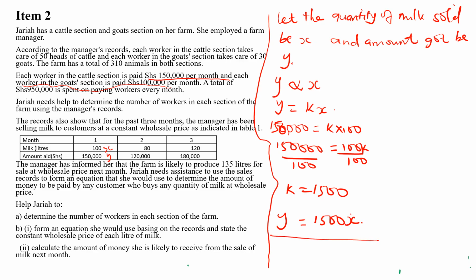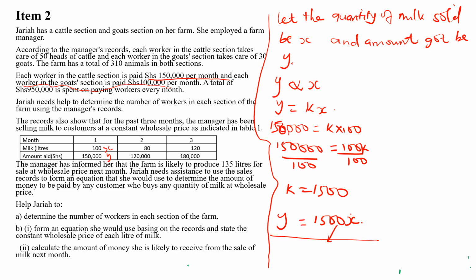So this is the equation. Now when you see this equation here, this 1,500 is the cost, or is the price, the constant wholesale price for each liter of milk. So we shall now take this one. So this is our equation.